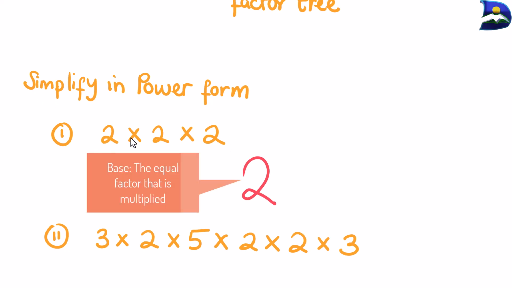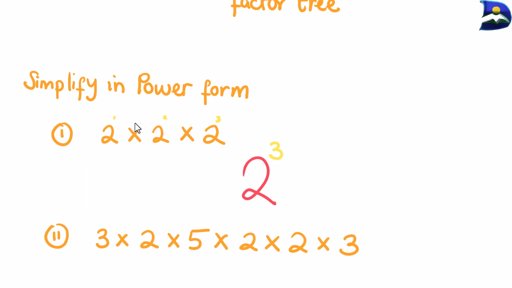In this case I have 3 of them that are multiplied together, and that means that I can write 2 with an exponent of 3. And so the purpose of this tool is that it is telling me what is the repeating number and how many is the exponent. So we'll be able to successfully convert our multiplication to a power form.